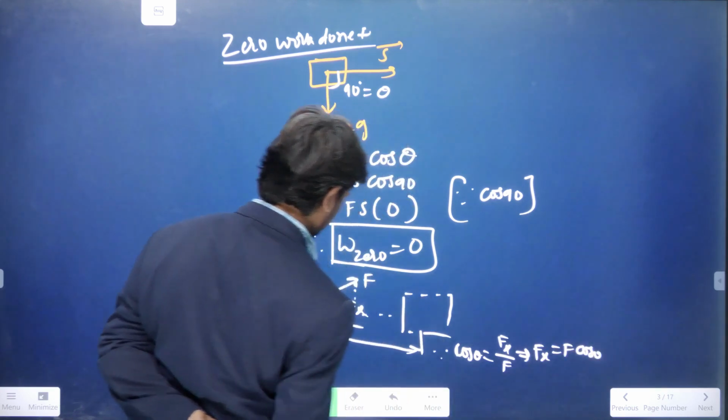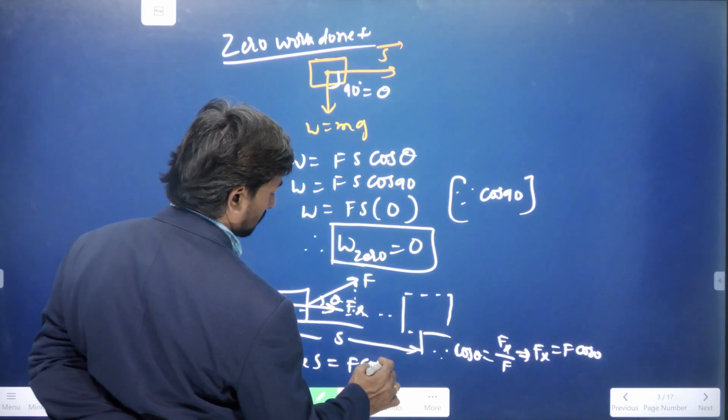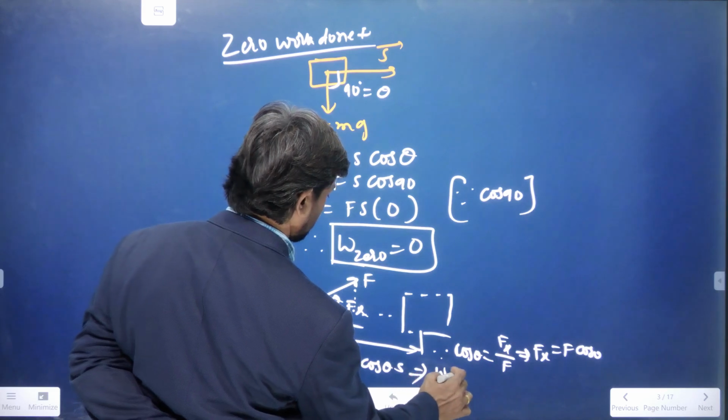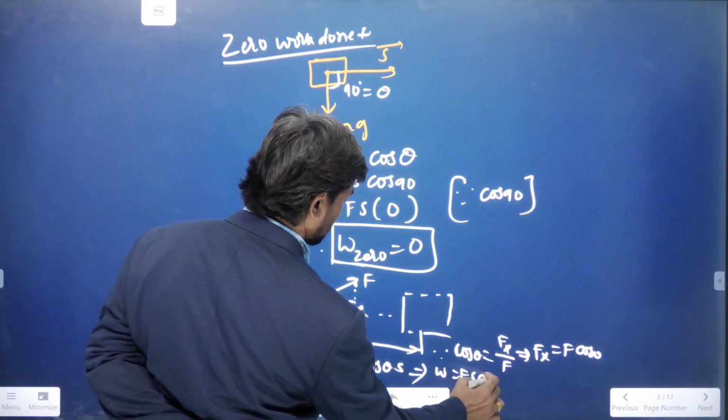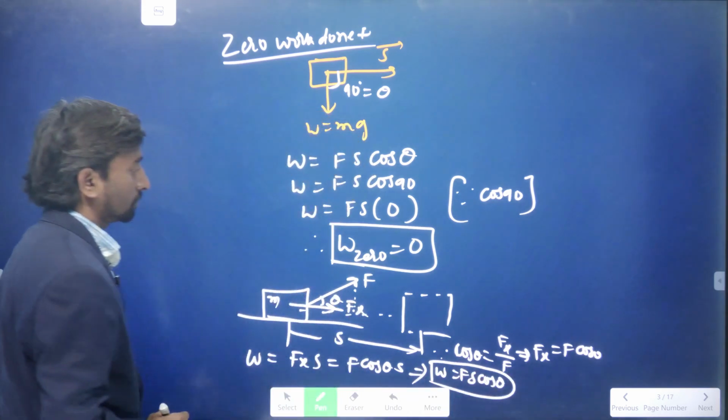Therefore we can write F cos theta into S. So W is equal to Fs cos theta. So this is the work done. This is the first case.